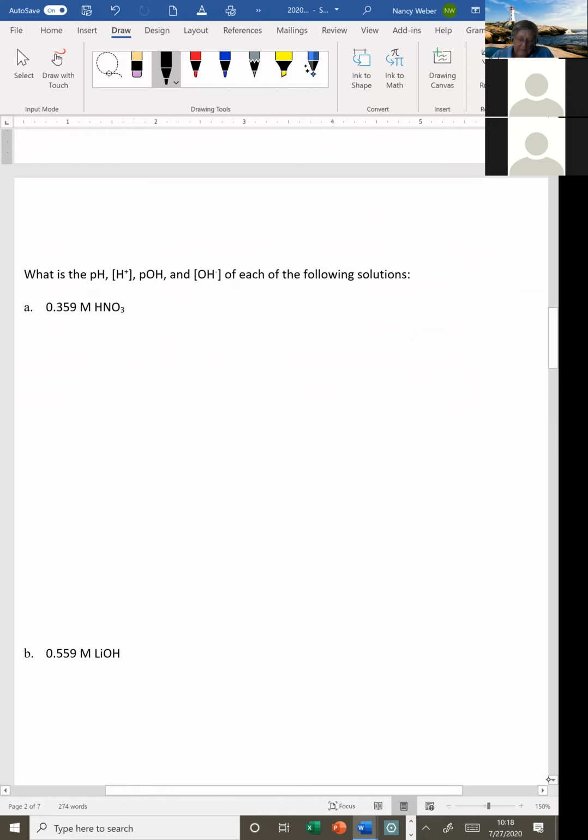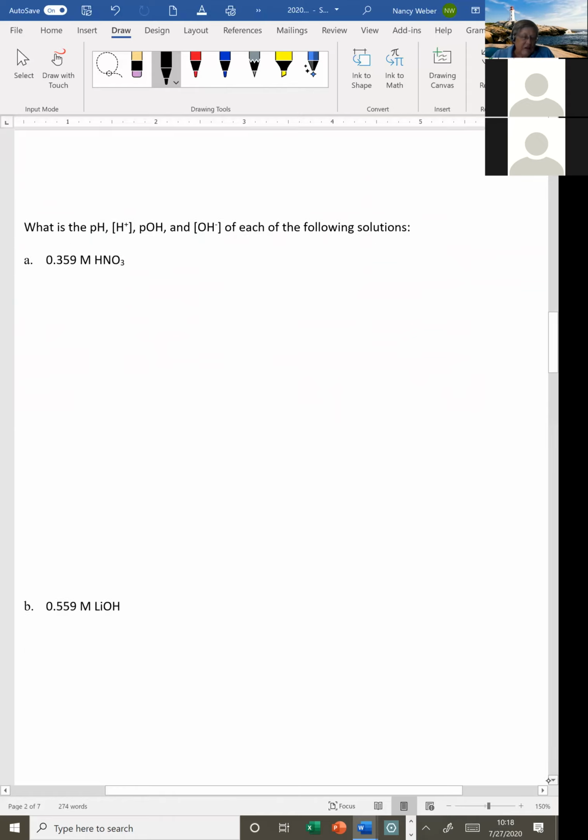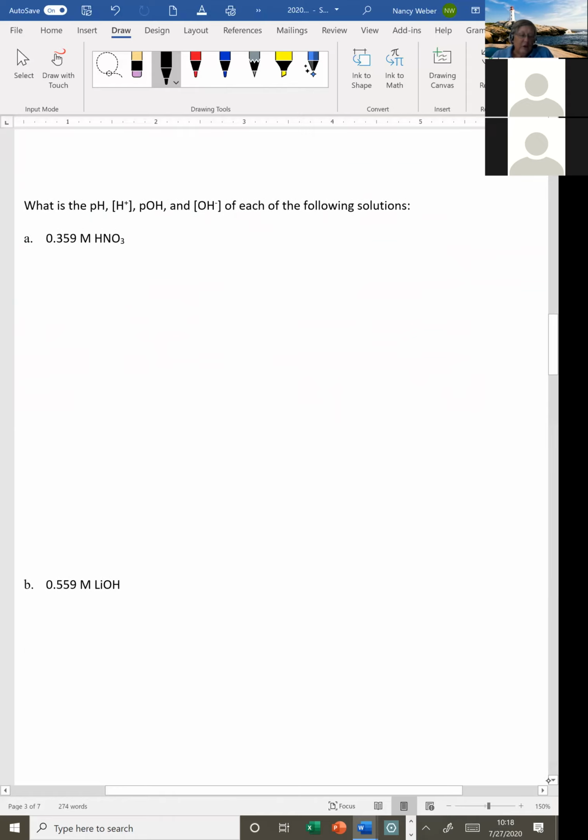Okay. This is finding those 4 values for each of these solutions. Okay, the first thing I like to do, I have nitric acid. Is it strong or is it weak? Is nitric acid a strong acid or a weak acid?